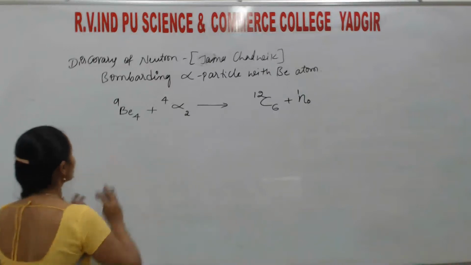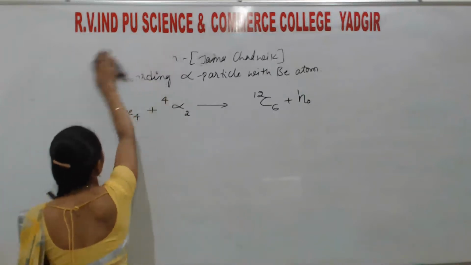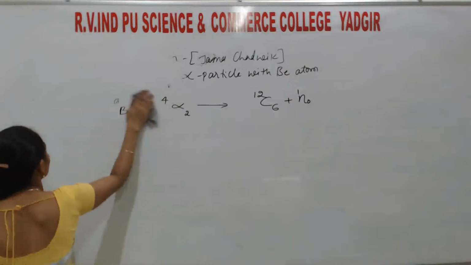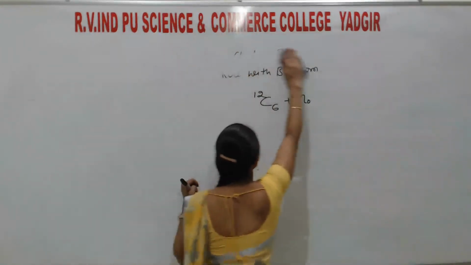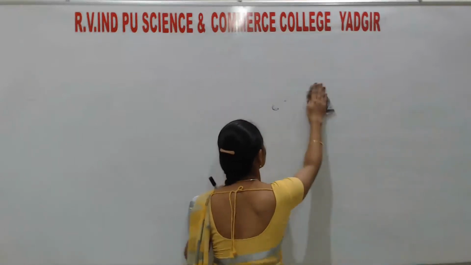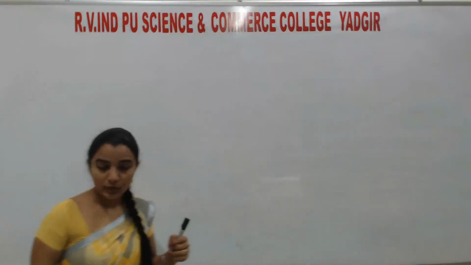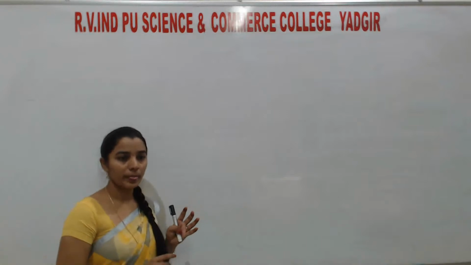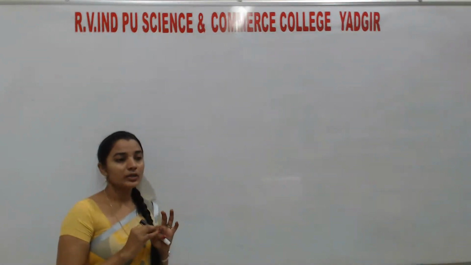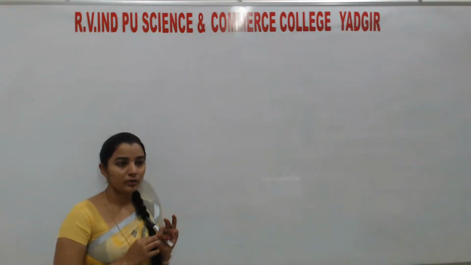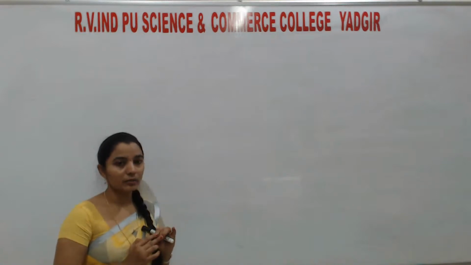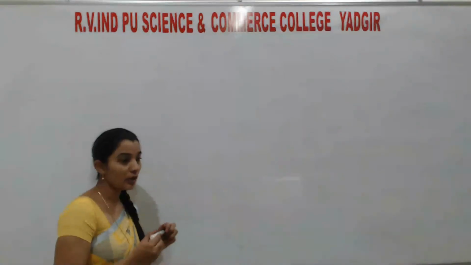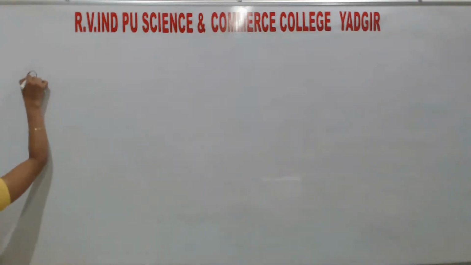To explain the stability of the atom, so many atomic models are proposed. In that, the most important are 4 models. One is J.J. Thomson model, another one is Rutherford model, next, Bohr's atomic model, and the last one is the quantum atomic model. Okay, 4 types of models are there.